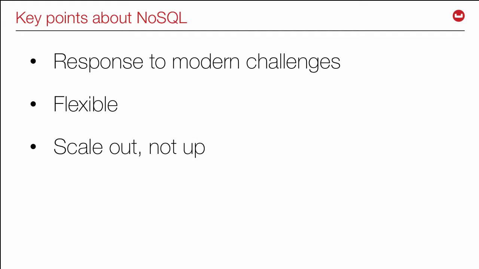So key points about NoSQL and in relationship to some of the things that I talked about. Relational databases basically ruled the day from when Oracle produced the first commercial one in 1979 or something like that, through, I don't know, the 90s or so.